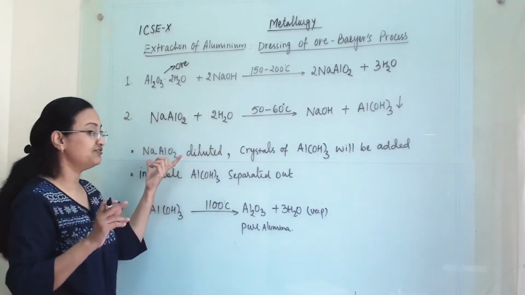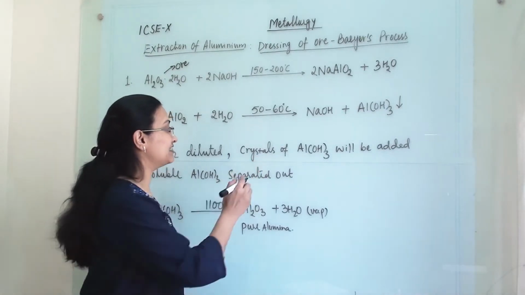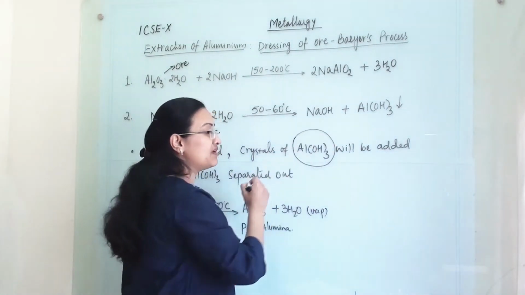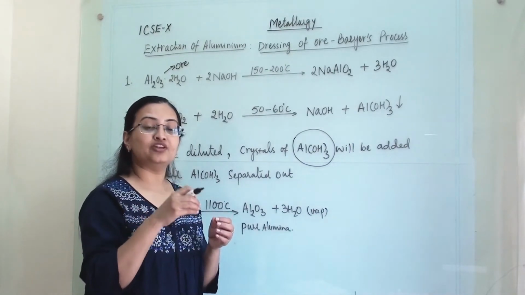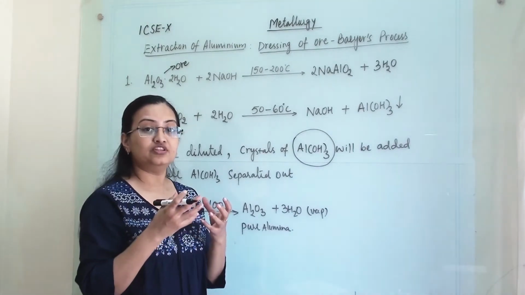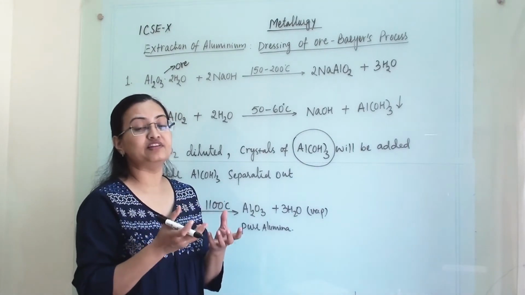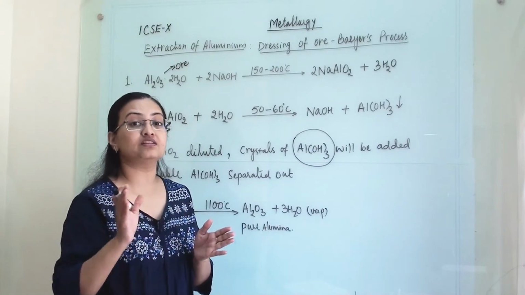We will further dilute it and add some crystals of aluminium hydroxide to that solution. With the process of seeding, we will separate out this aluminium hydroxide in crystal form.